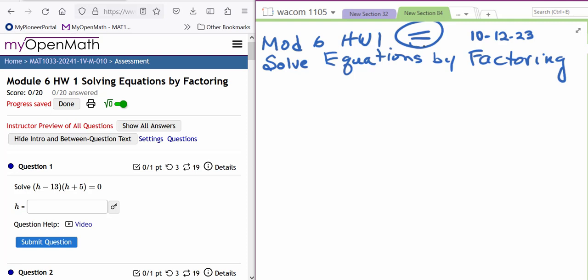Right. So I'm just going to sidetrack for a second before we start the problems and just say the rule. So to solve by factoring, we use what's called the zero product law, and it says if you can get a product on one side and 0 on the other, then one of these pieces has to be 0.